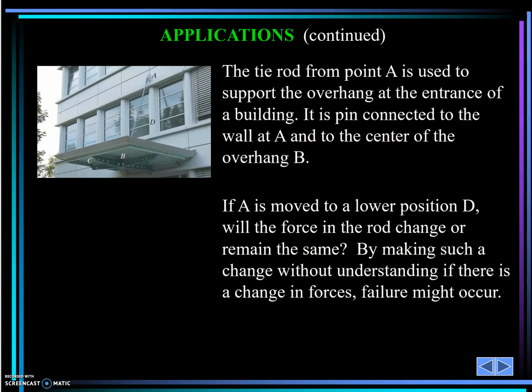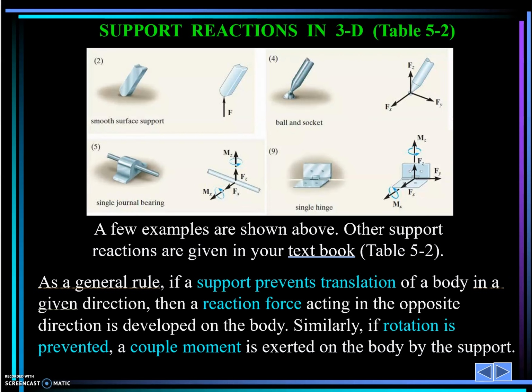I'm just sharing that with you to refresh your memory and repeat what we talked about before. In a 3D problem, you have one vertical reaction at the surface. Here, the ball and socket, we said we develop 3 support reactions, Fx, Fy, Fz. In this support, you are allowing movement, so you're not developing any force along here.